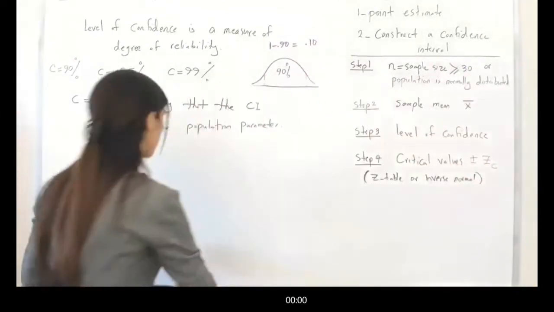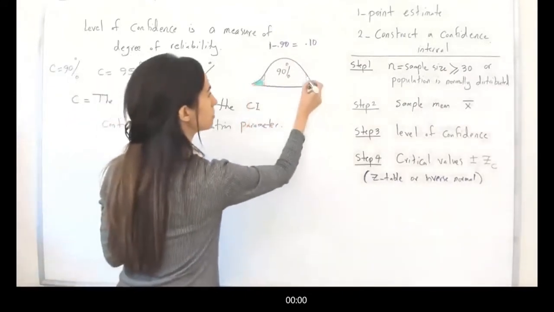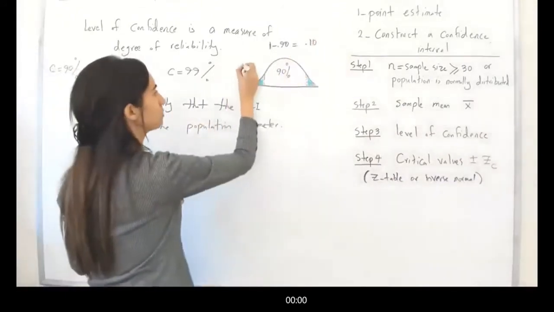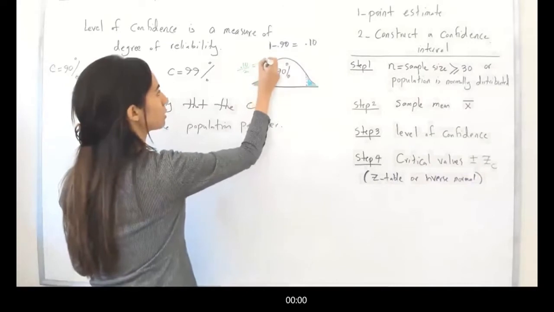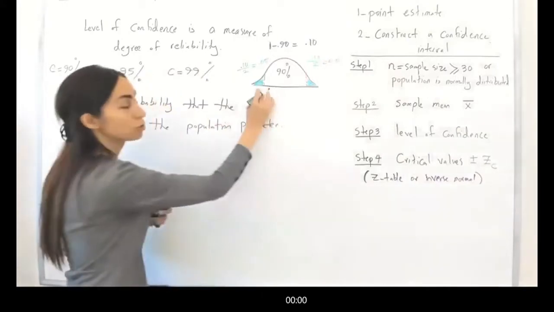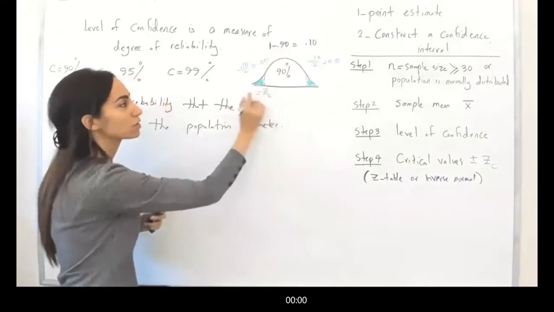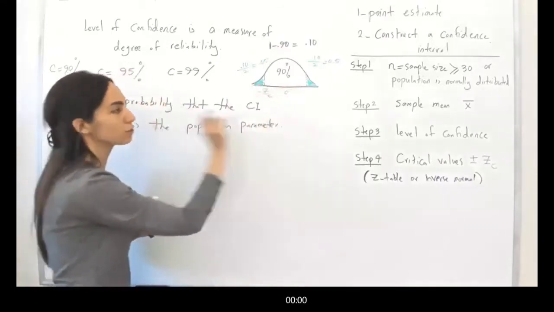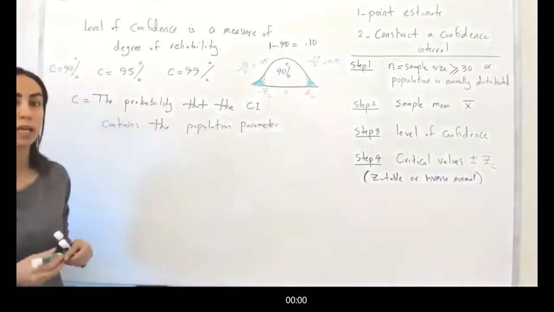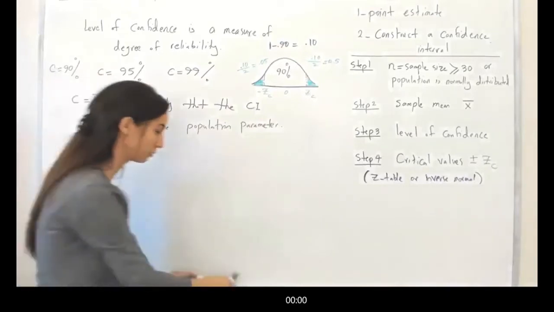So these 2 areas are exactly the same. So we have 10% divided by 2, 5%. Very well. To find critical values, remember that on the left-hand side of 0, you get negative z values. On the right-hand side of 0, you get positive z values. Here you can either use your table or you can use inverse norm to find critical values. Let me show you.